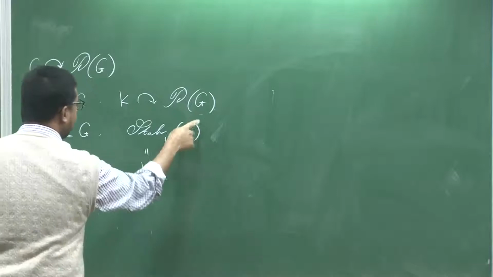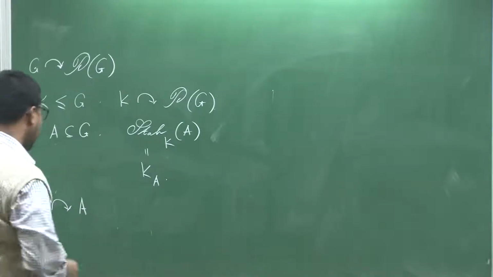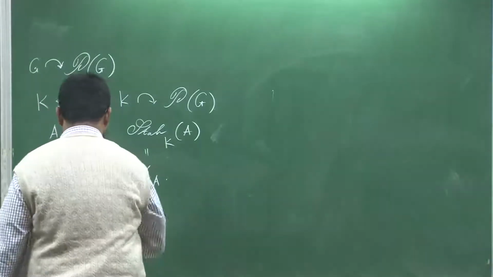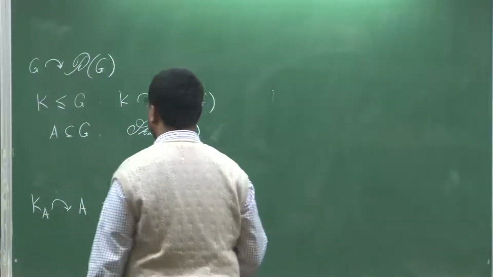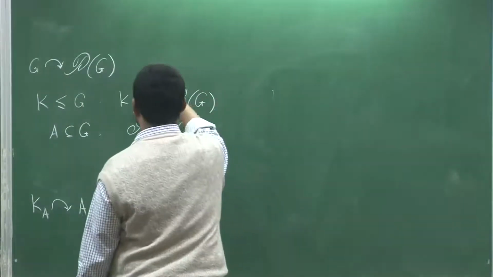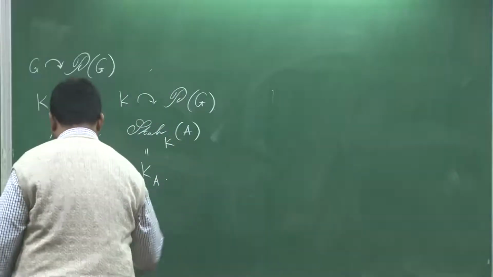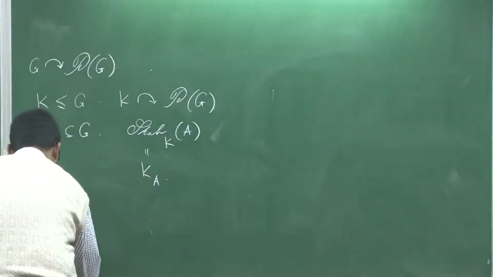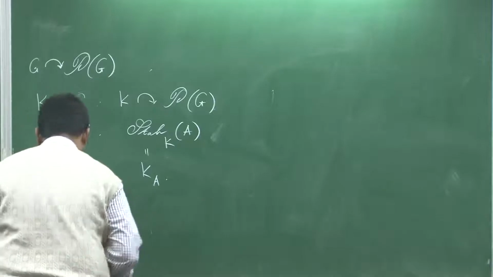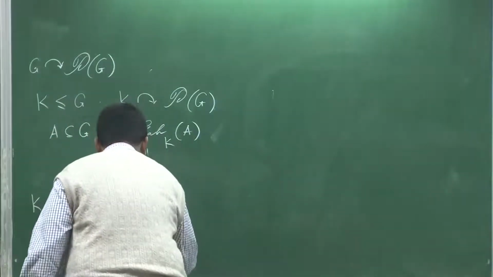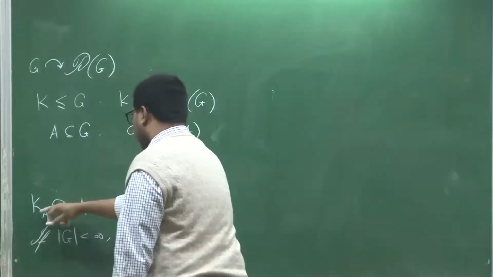Again, we cannot take the whole of G, or the whole of K, because K might push some elements of A outside A. But here now it is fine. So, if G is finite, then again we can write down the class equation. What are the orbits? Under left multiplication, the orbits are the right cosets.